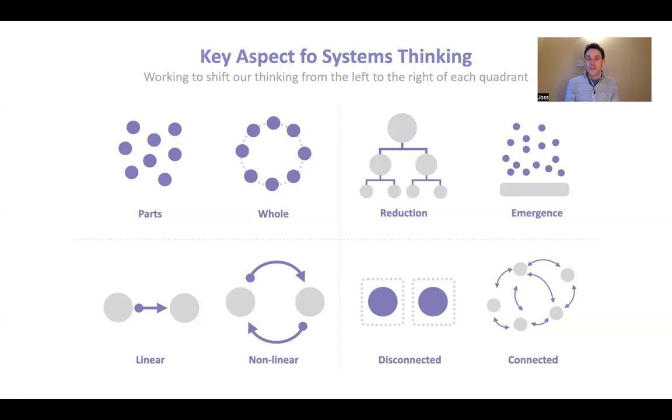But there are also non-linear phenomena. Many of the phenomena in our world are non-linear. It means that one thing doesn't necessarily cause another. Well, it can: one thing can cause another, but then it can feed back to affect the first. But it's not just that one thing causes another. This result may emerge out of the interaction of many different things. So in that world, we don't look for one cause to a thing.